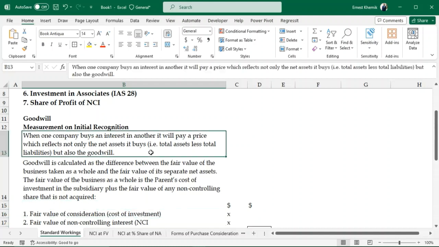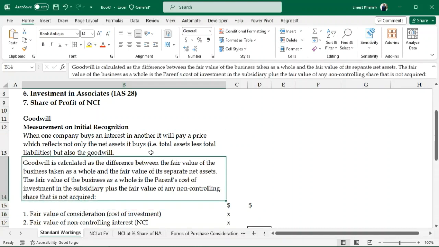Goodwill is calculated as the difference between the fair value of the business taken as a whole, which I'm going to explain in a moment, and the fair value of the subsidiary's separate assets. So the difference between what the parent pays for the business as a whole, that is the fair value, and the fair value of its individual separate assets.